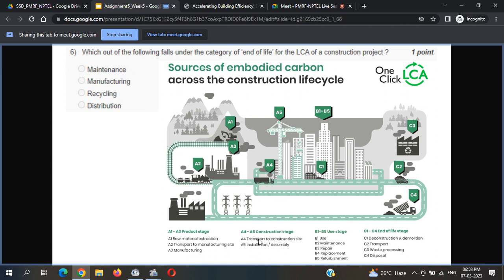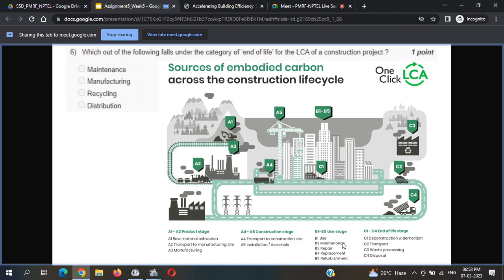Then comes the construction stage. So, using all these materials, first this material is transported to the construction site, and then it is installed or assembled in the construction process. Then is the use stage. So it is used by the end user. It is maintained over its lifetime.